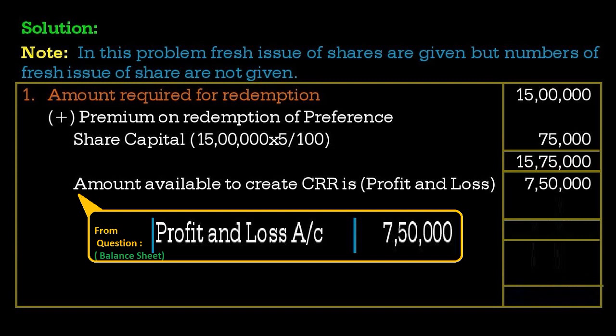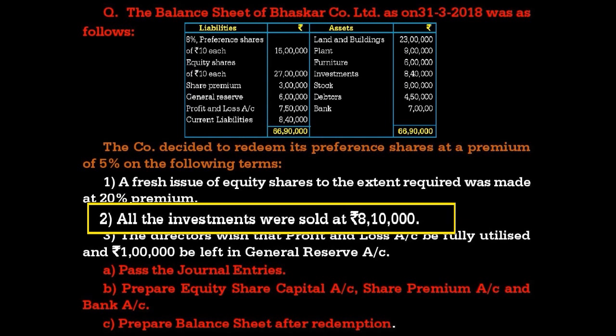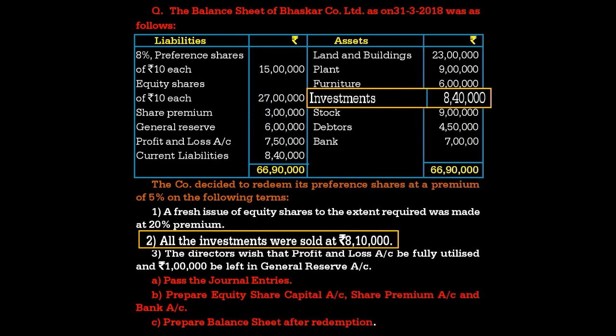But from that 7,50,000 profit and loss account, we must consider that the investments were sold for 8,10,000. As given in the legal provisions, when any asset is sold, its profit or loss should be considered. If it is sold at a loss, whatever remaining amount can be utilized for capital redemption reserve. Here investments are sold for 8,10,000. What is the actual amount of investment in the balance sheet? 8,40,000.